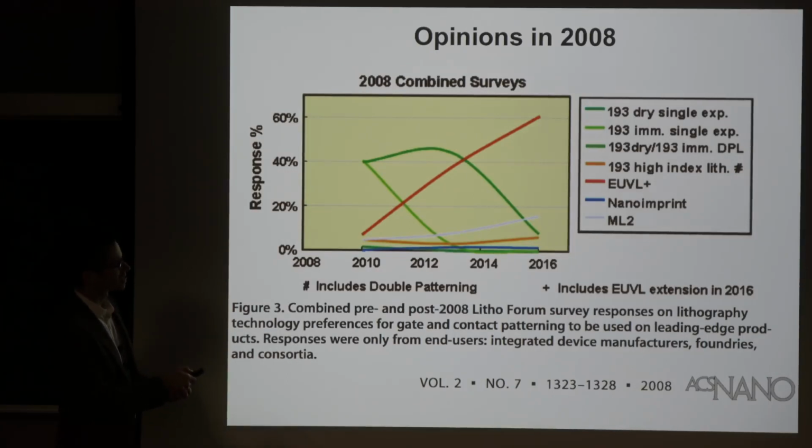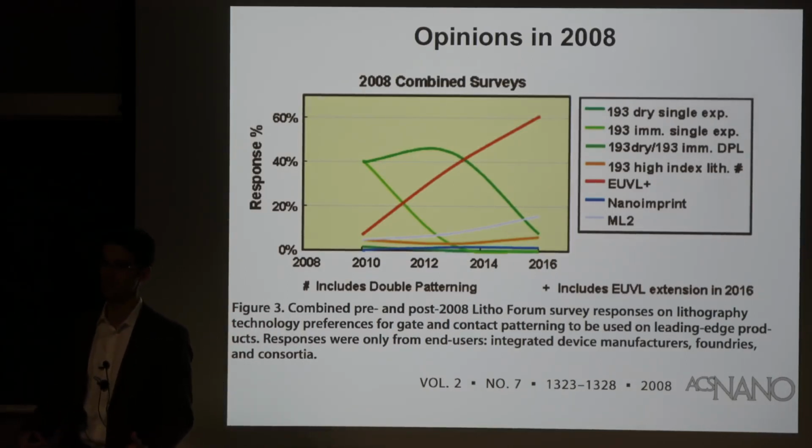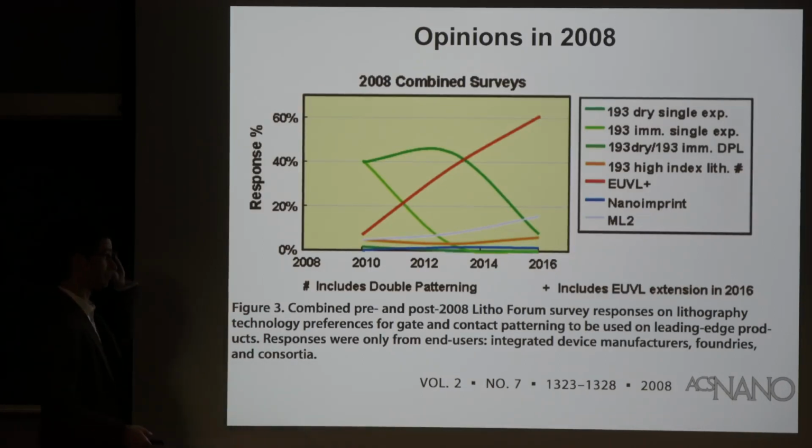But what actually happened is that the 193 nanometer immersion curve, which was supposed to be basically down to nothing by 2017, is now up here. So we have continued, not we, but the people that do this professionally have continued to push the envelope using the techniques that I've described, and these really high-end approaches haven't really taken off yet.